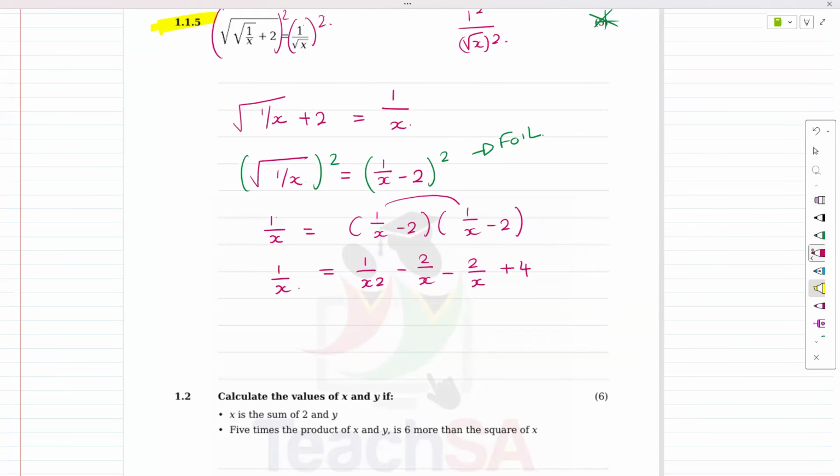Now, you and I can deal with all of the like terms. Again, I do understand it's difficult. I'm not saying it's not, but we can deal with it quite simply, right? Because this is minus 4 over x plus 4.